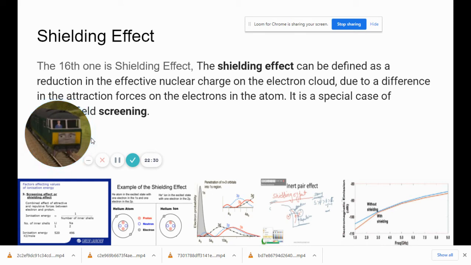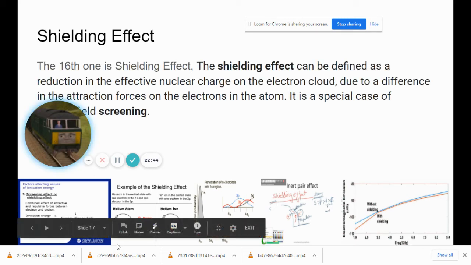Ionization energy for Li, with 1 inner shell, is 520 kJ per mole, which is inspired by Career Launcher.